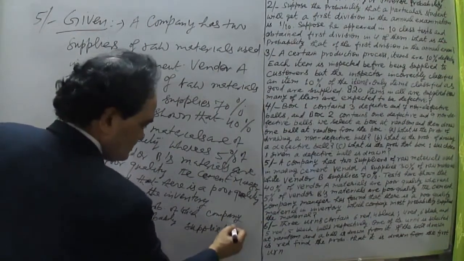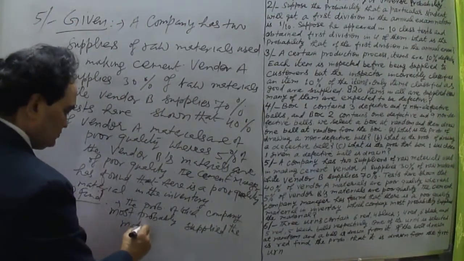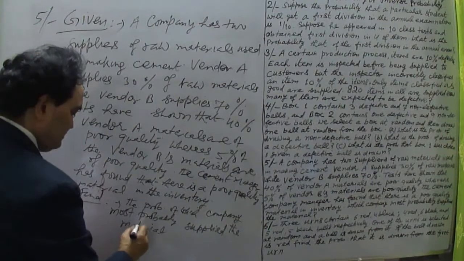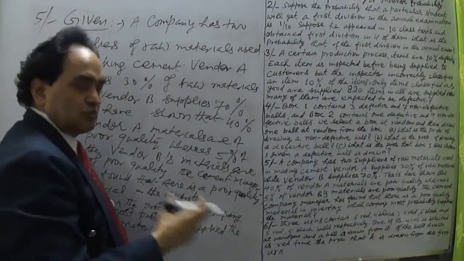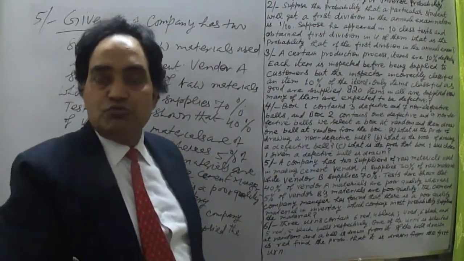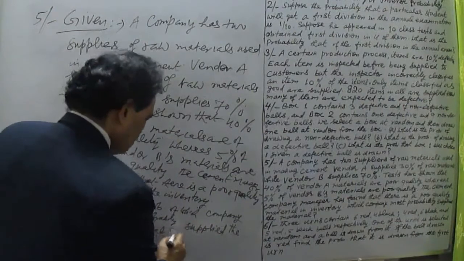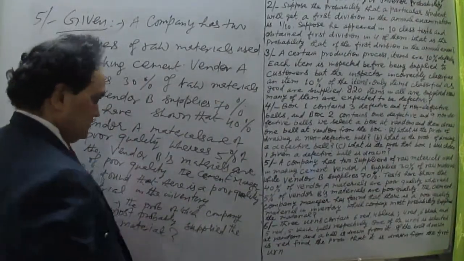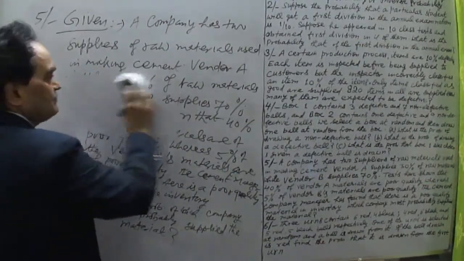Just try to understand this question: we have to find out which company has most probably supplied the material in poor quality.